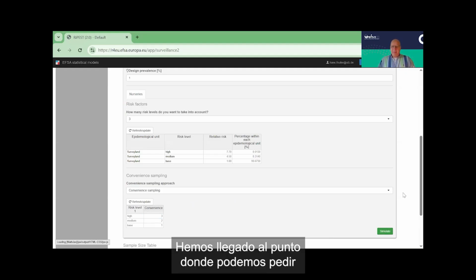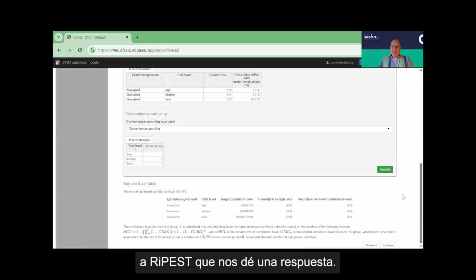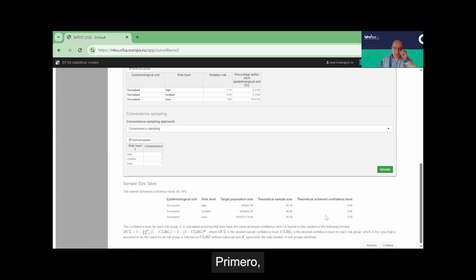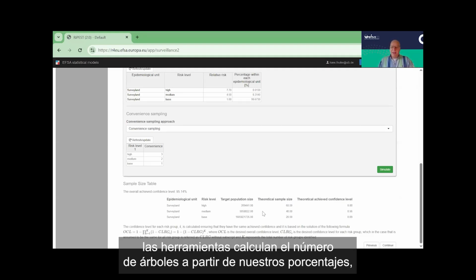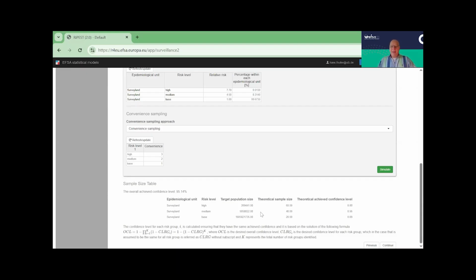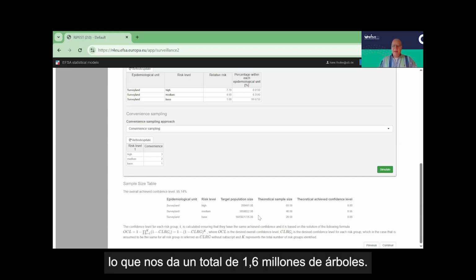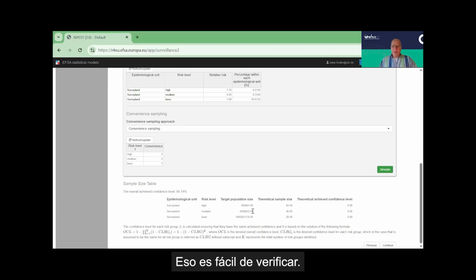So with that, we are at the point that we can ask RIPEST to give us an answer, and that's straightforward looking here. What is interesting, first of all, you see the target population side that is actually calculating the number of trees from our percentages backwards on this 1.6 million trees. That's easy to reproduce.